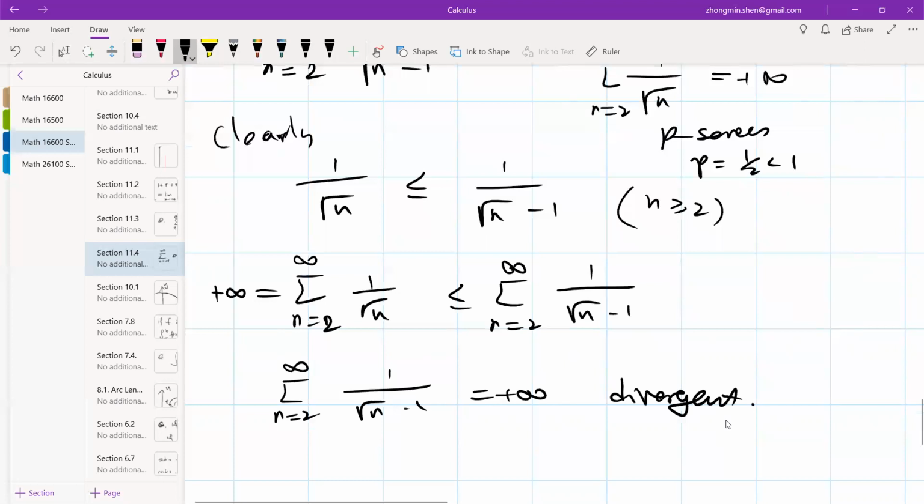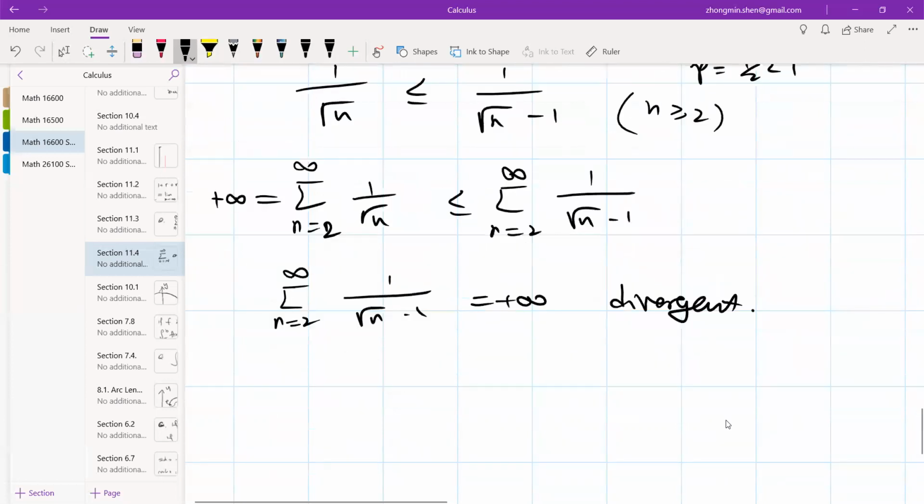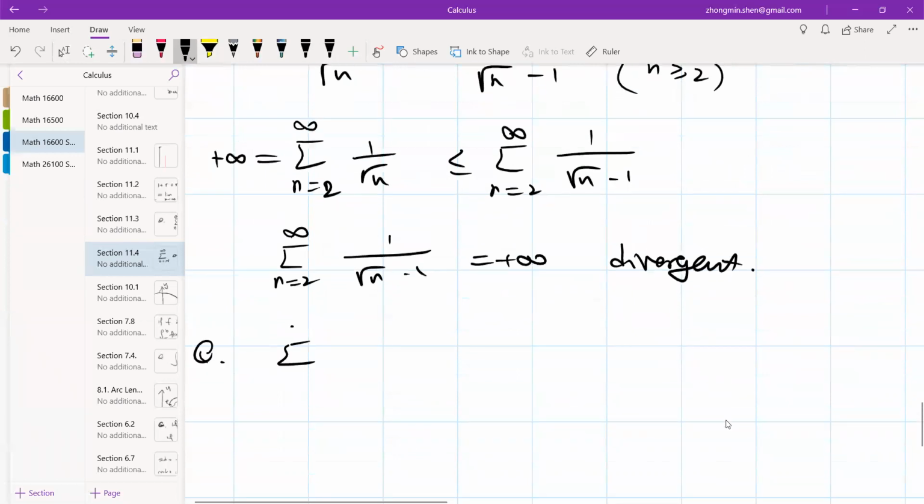But if I change to plus root n, then you have trouble. So let's redo it. I know it's still divergent. The question is, how can I prove it? Plus or minus 1 does not essentially change the convergence of the series.